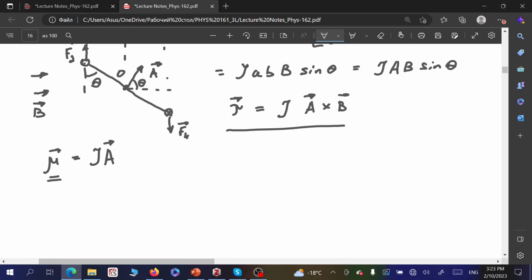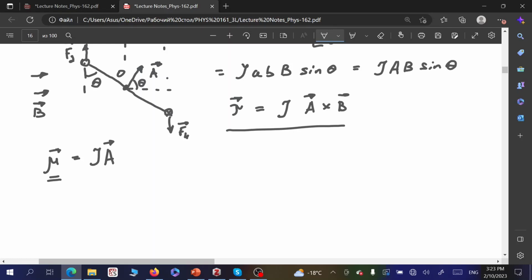So it is defined by the magnitude of electric current flowing through the closed loop, its area and orientation, because it's a vector quantity.